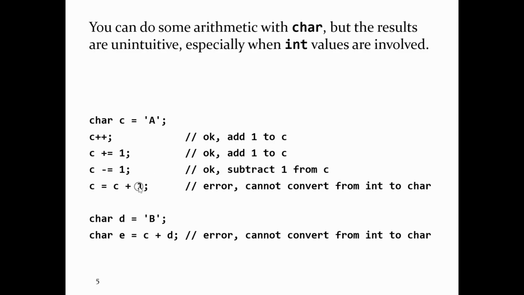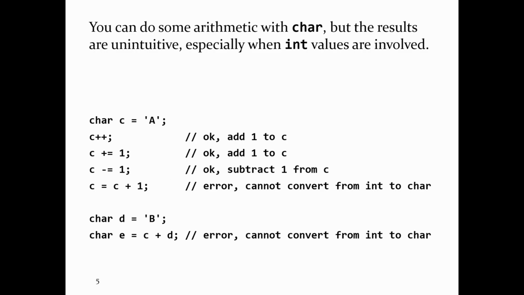Add 1 to it, and you get the int 66. And now when you try to assign that back to C, the language complains. It says, hey, you're trying to store an int in a char, you can't do that. And so you'll get an error that says something like cannot convert from int to char. Notice arithmetic is unintuitive when using chars. Be very careful when you do it.